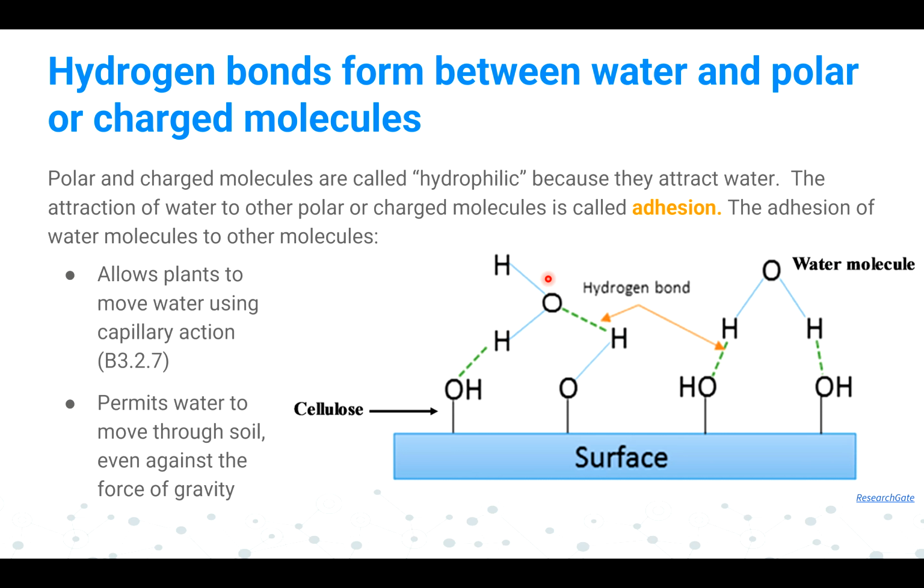Oxygen has a partial negative charge, hydrogen has a partial positive charge. Again you have oxygen here, so there is a chance of hydrogen bond. So it allows the development of a property called adhesive property, and this adhesion of water molecules to other molecules makes the water easily hold something, right?